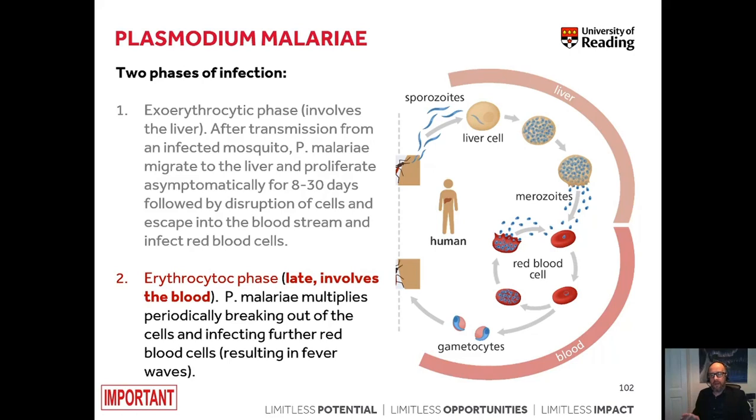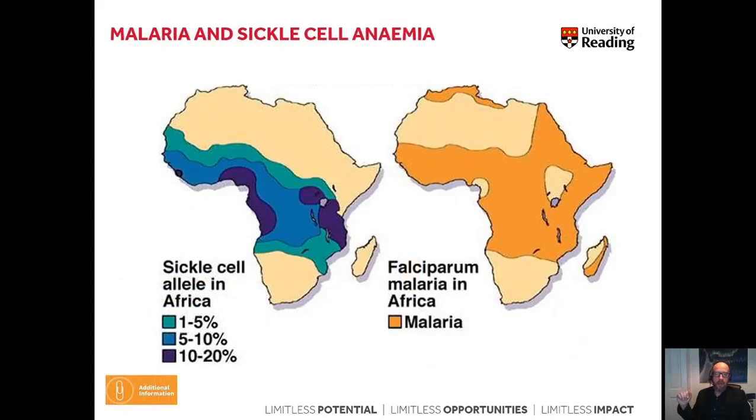This late phase, involving the blood, includes multiplication of the parasites, which break out of the cells and infect further red blood cells, and this results in fever waves in the patient. Interestingly, there is something very interesting when it comes to the relationship between malaria and sickle cell anemia.